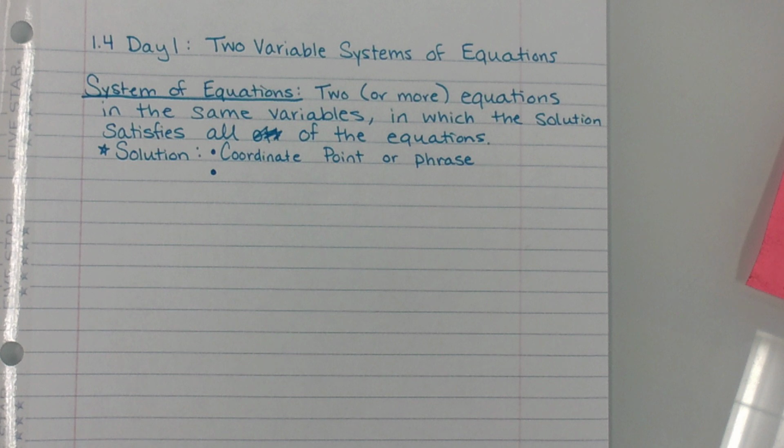When you talk about the solution to a system of equations as well, generally speaking, the answer has to satisfy both equations. If both equations have x's and y's, in other words, if both equations are linear, then they can be graphed to create a line.